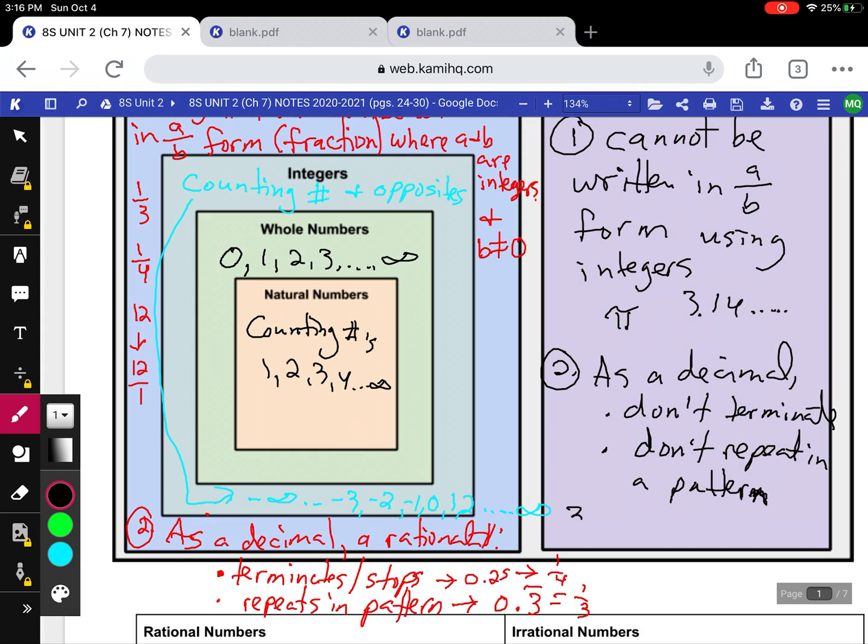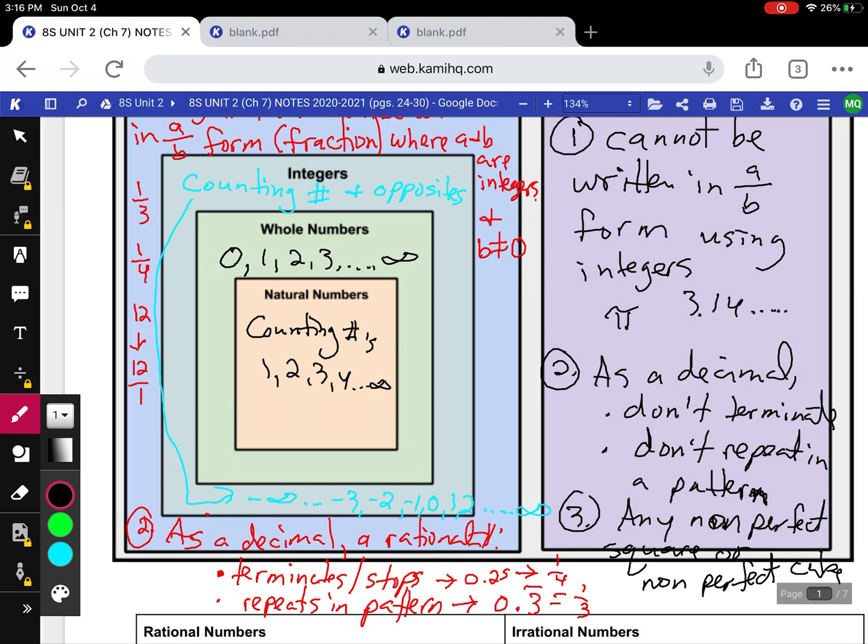And then we could also classify it as any non-perfect square or non-perfect cube. Okay, those are absolutely irrational.